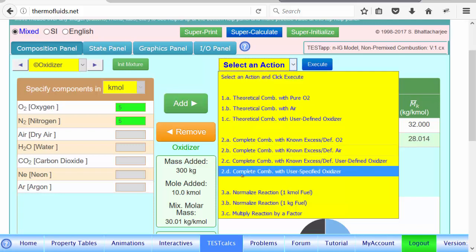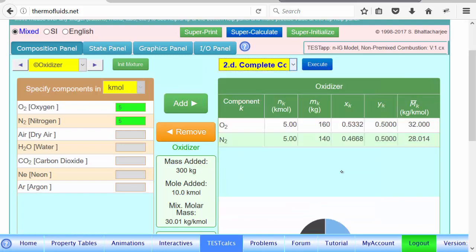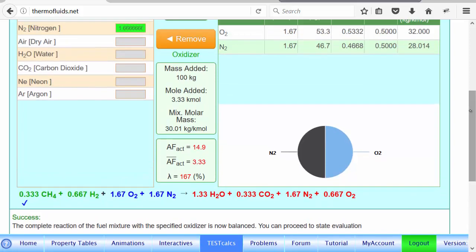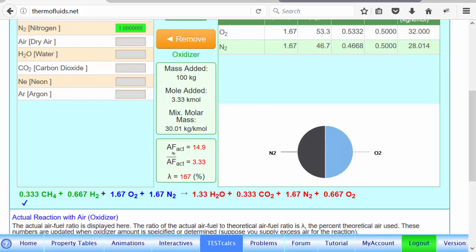So look at 2D, complete combustion with user specified oxidizer. If you click there, we get complete combustion, and we execute, and as a result the reaction is balanced for the given amount of oxidizer and fuel. As you can see, this is the oxidizer panel.